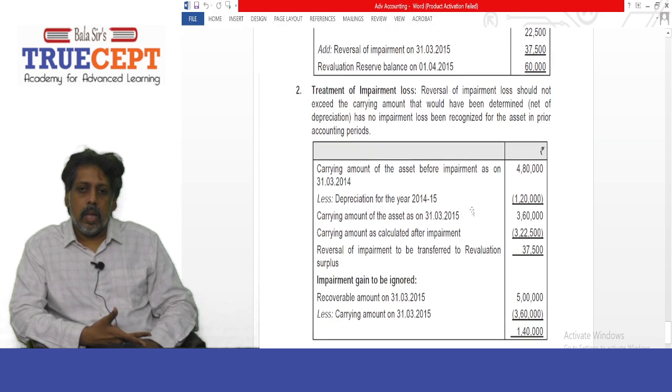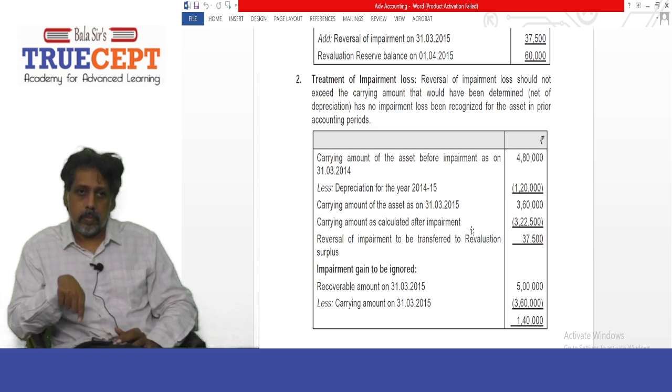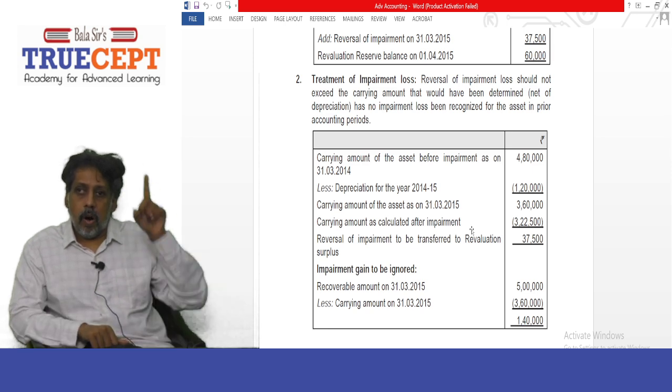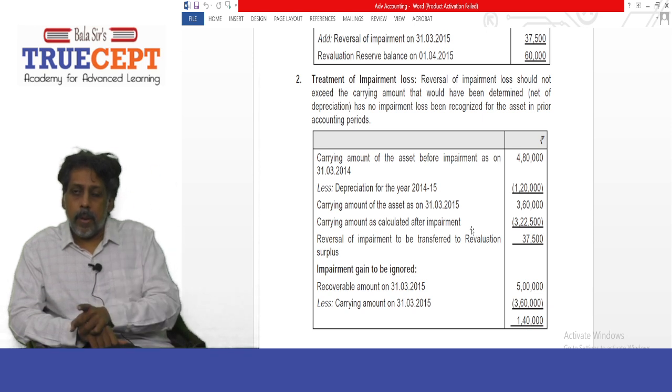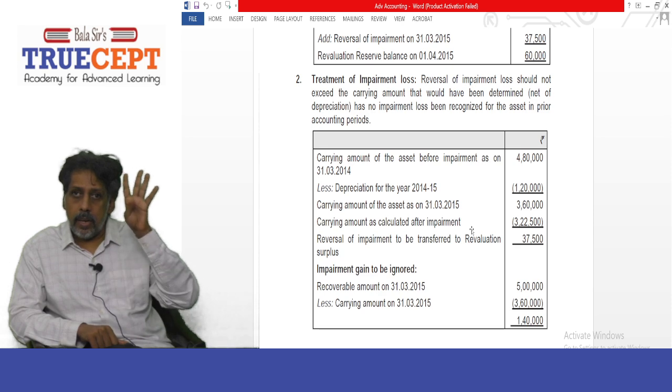Then the treatment of impairment, I think they've given a note regarding that. Reversal of impairment loss should not exceed the carrying amount that would have been determined, net of depreciation, had no impairment loss been recognized for the asset in prior accounting periods. That means, had you not tested the asset for impairment on 31/3/14, you had a 4,80,000 asset.